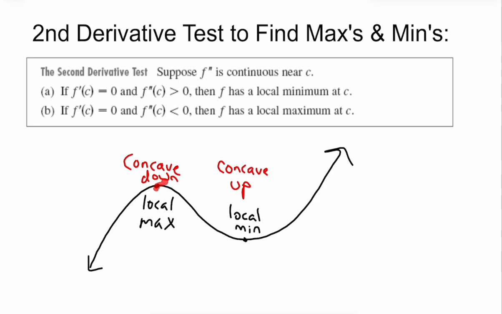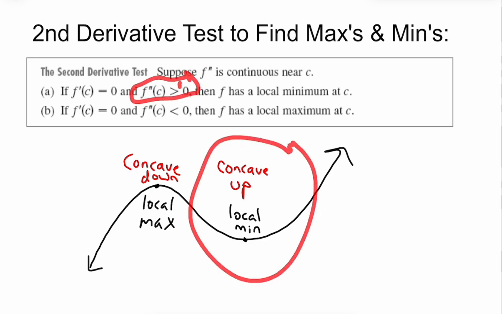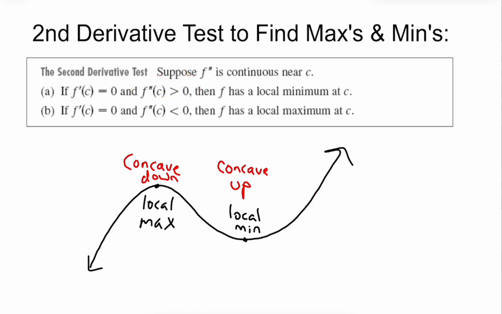It would be a local max. So it's kind of the opposite of what we think. If the second derivative is negative, our cup is upside down, that's a local max. If our cup is facing up, then we have a concave up section, and that would be a local minimum.